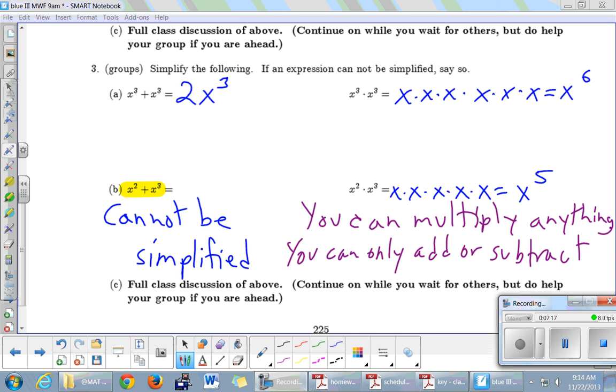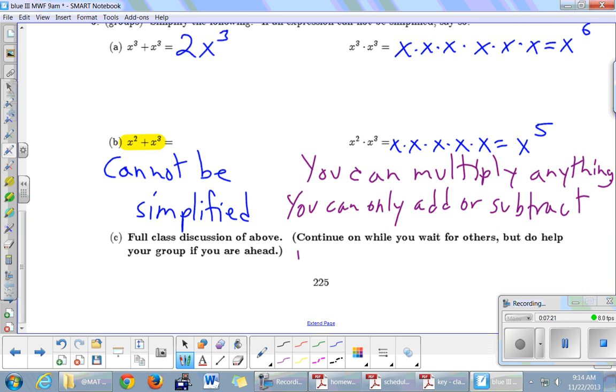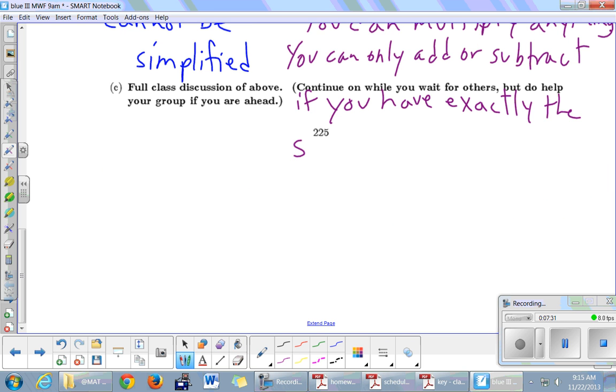They're completely different things. You can only add or subtract if you have exactly the same variables raised to exactly the same powers.